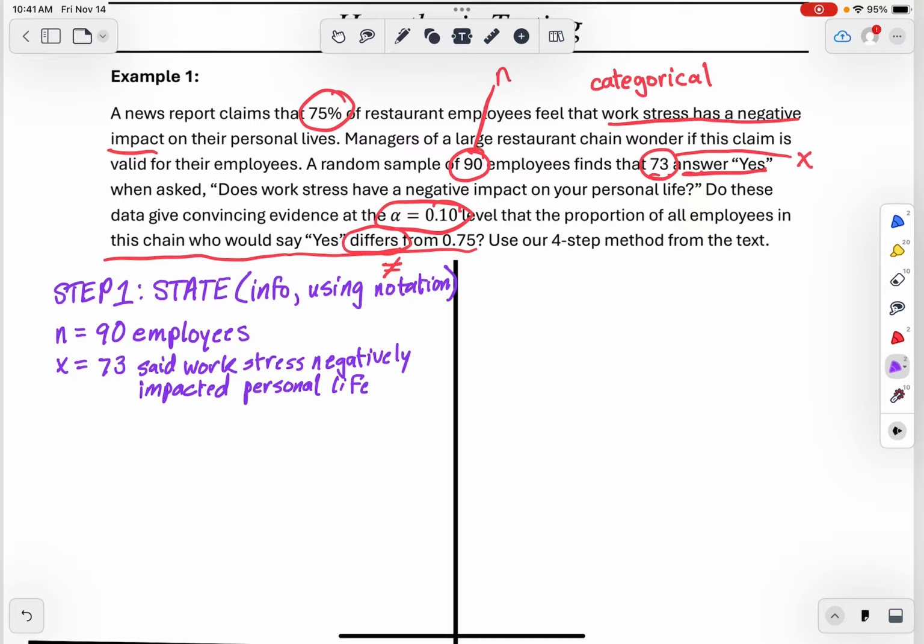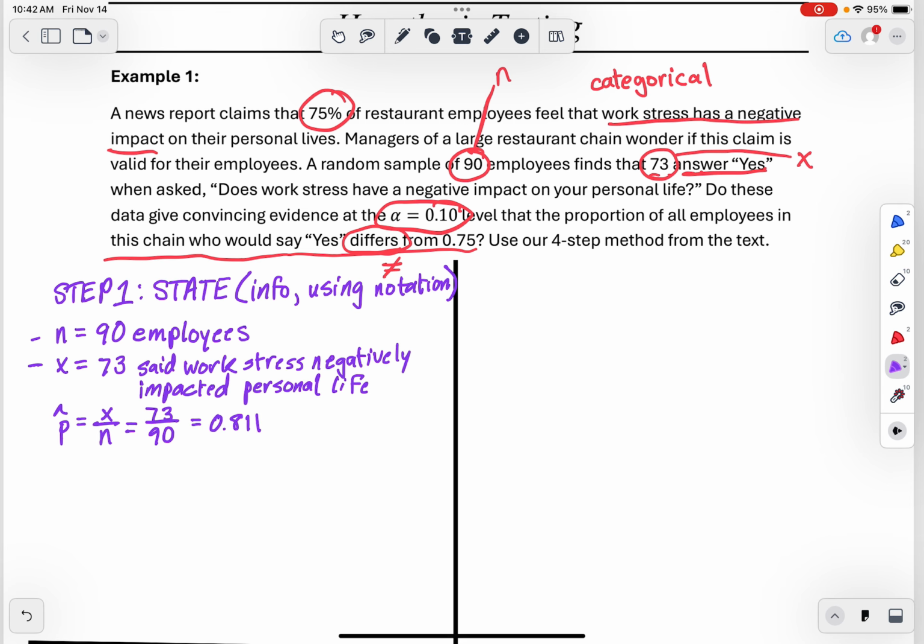So immediately when I see I have the count of successes, I have this X here, and then I also have my N, I know that I can get my P hat. So my P hat is going to be the number of successes out of how many we surveyed total. So that's going to be 73 out of 90. And when I calculate that, it comes out to 0.811.